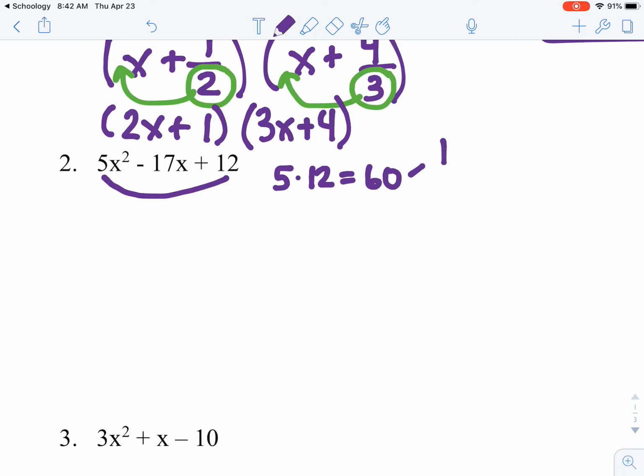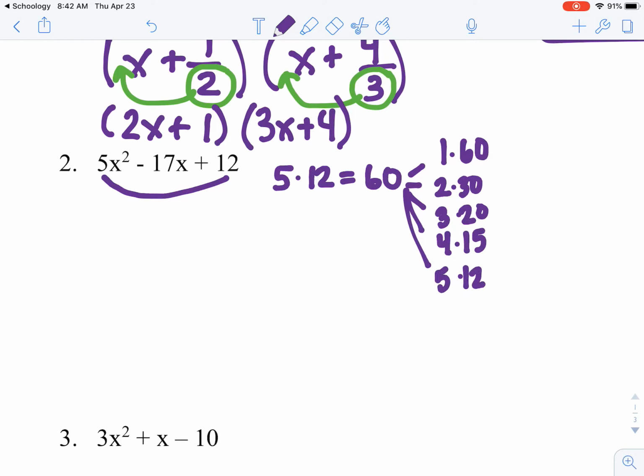I'm looking for factors of 60 which are going to add to be 17. 3 and 20, 4 and 15, 5 and 12. So we have 5 and 12.